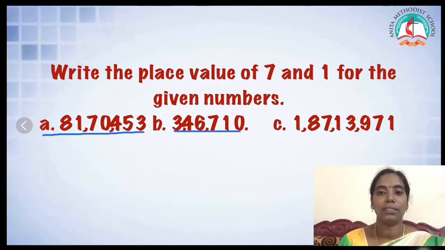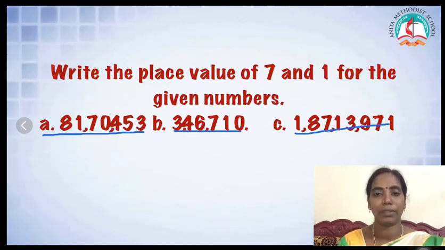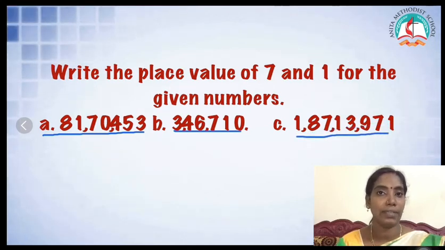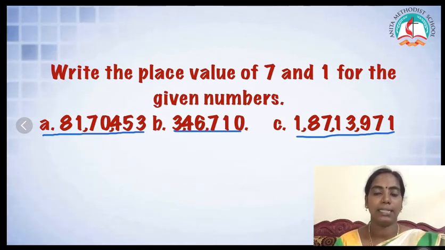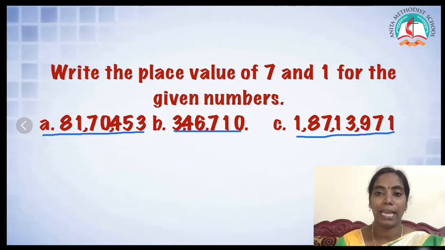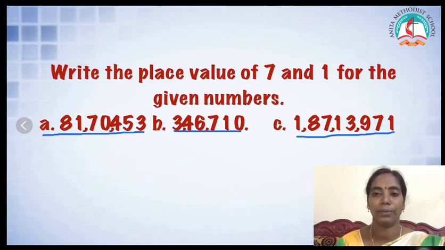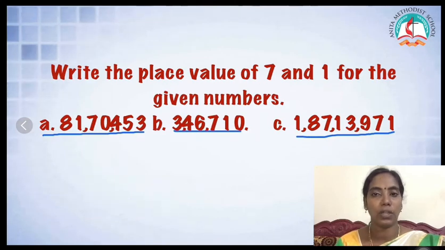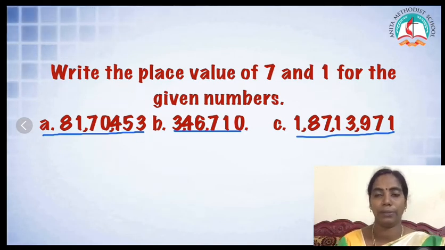B, 3,46,710. Write in which place value the 7 is located. C, the last one, 1,87,13,971. Where is the 7 located? There are 2 sevens. So write the place value of both sevens. Okay.